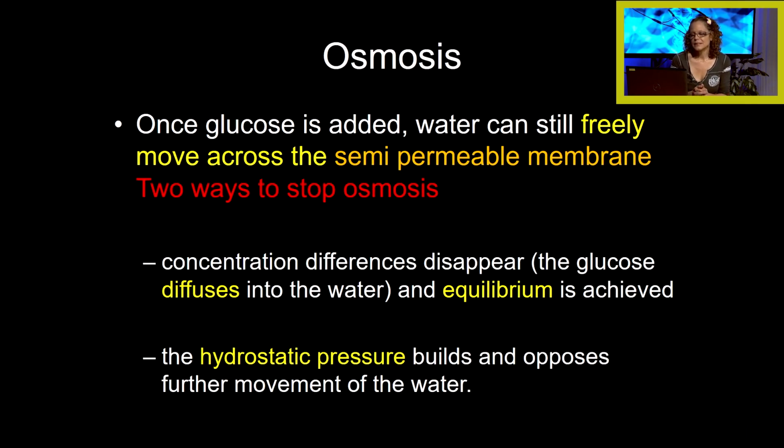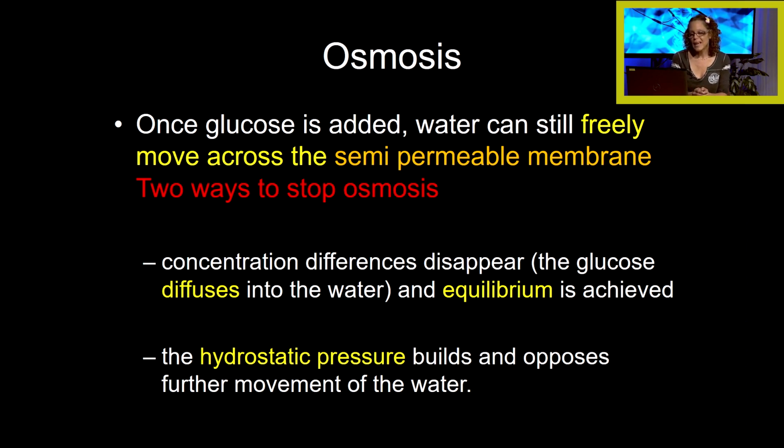Once glucose is added, the water can still freely move across the semi-permeable membrane. There's two ways to stop this osmosis. One is a concentration difference disappearing, okay? So the glucose diffuses into the water and equilibrium is achieved.